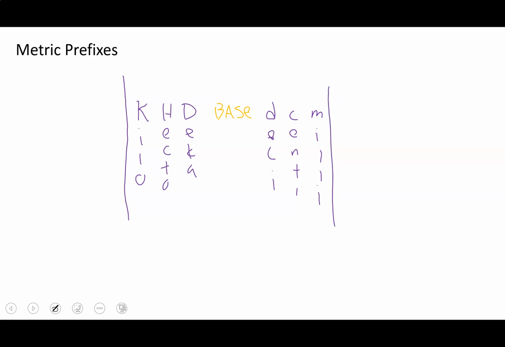Now, base units are really just any type of unit that we could put in here, like the meter, gram, liter. These are some of the traditional ones that we've seen, but we could use untraditional ones like seconds.